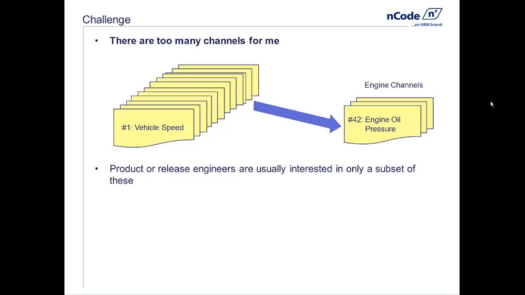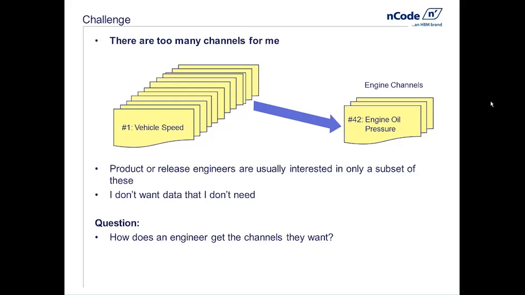So instead of having all 5,000 channels, maybe they only want the engine channels or GPS channels. Or maybe if they're in a front suspension group or a frame group, they might want to choose just the channels that are pertinent to them. They ultimately say, I don't want data that I don't need. So how does an engineer get just the channels they want? That is the question.